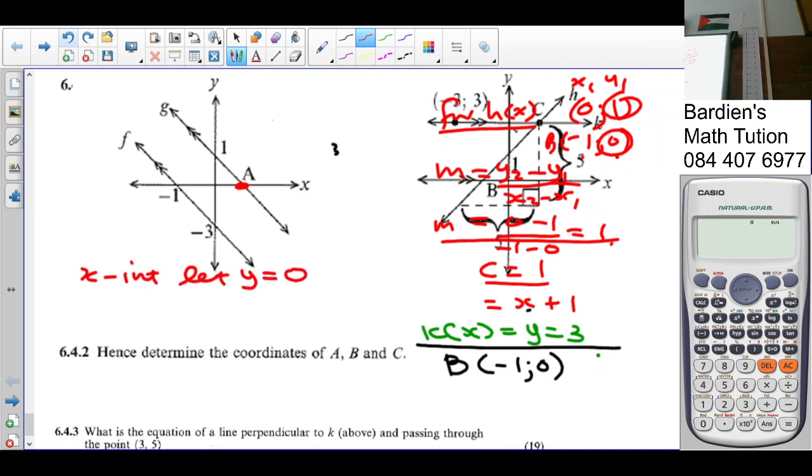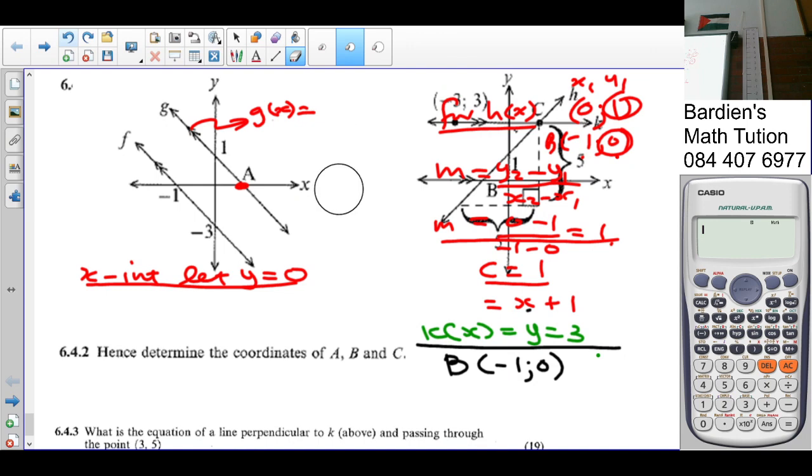y equal to 0. But remember, we have worked out the equation of g of x. Go back, what do we get g of x to be? y equals negative 3x plus 1. So how do you work out the x intercept? Let y equal to 0. You see g of x is a y value.